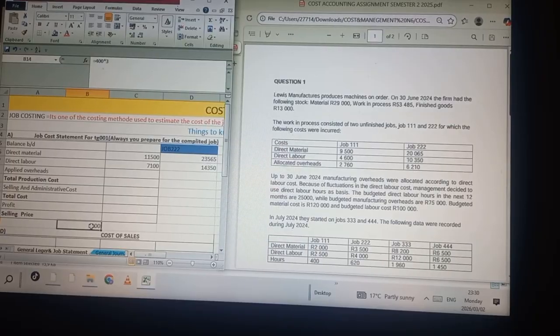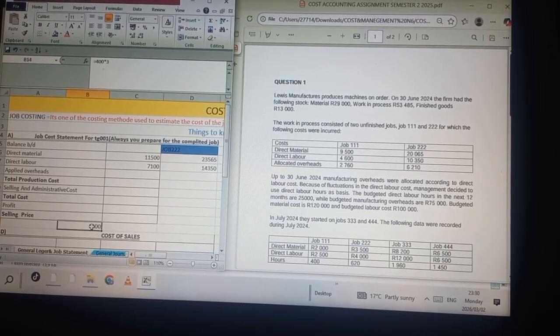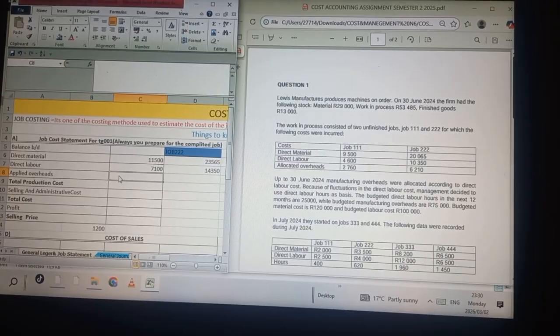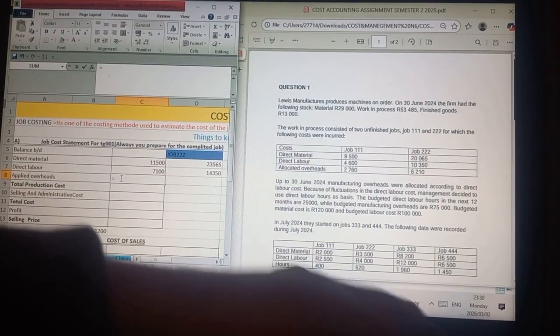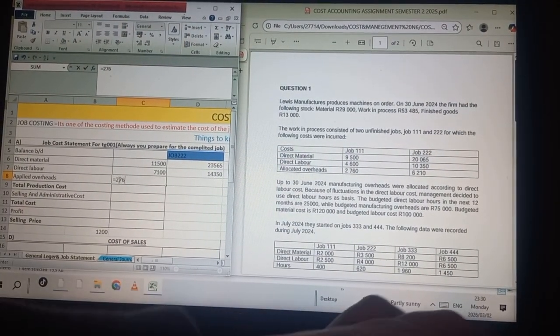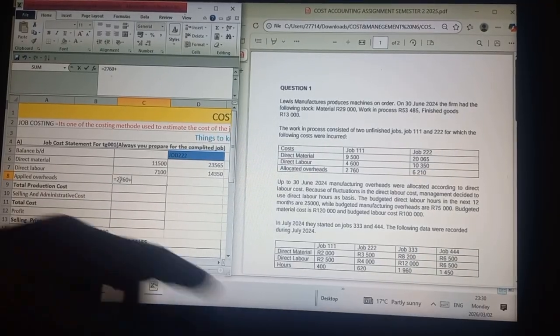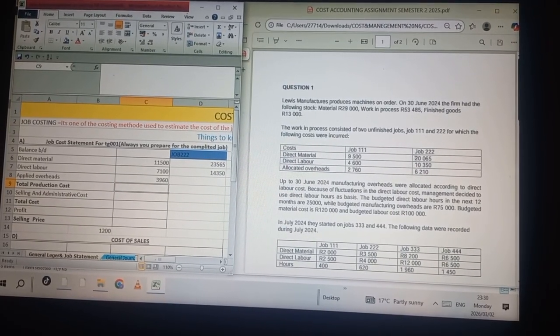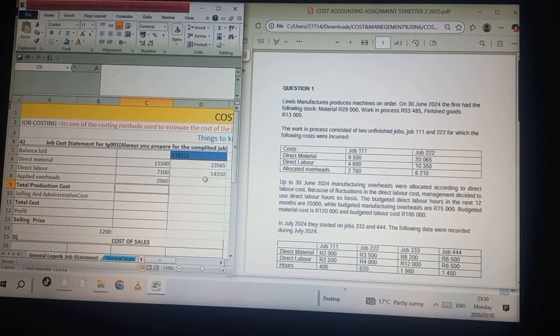This is the total amount for applied overhead. So now you will say equals 2,760 plus 1,200 for job 222.